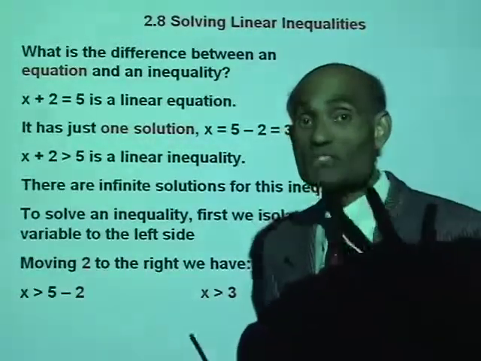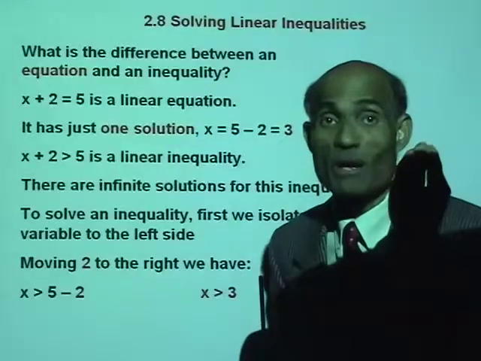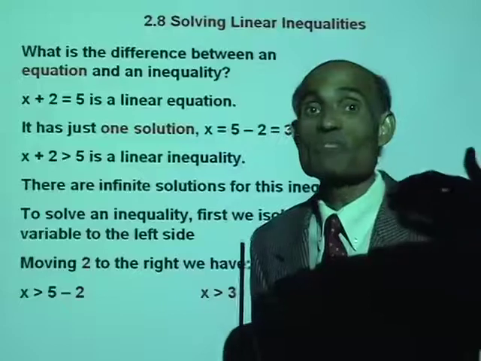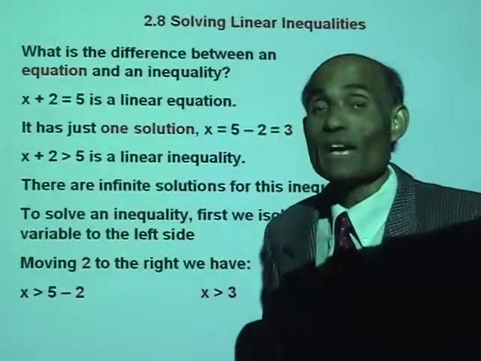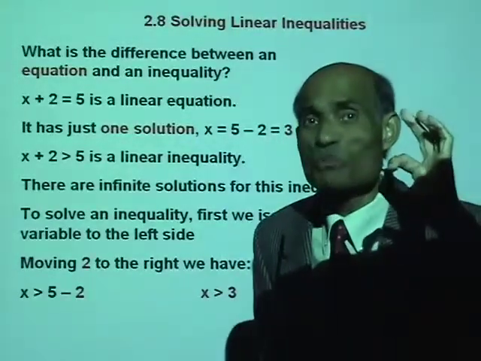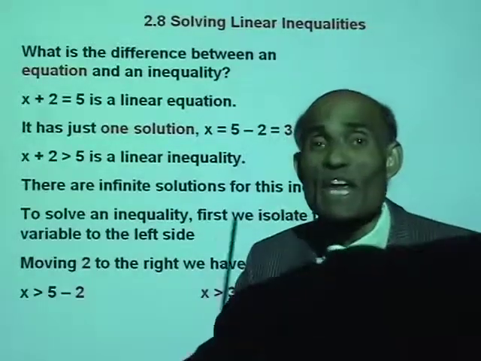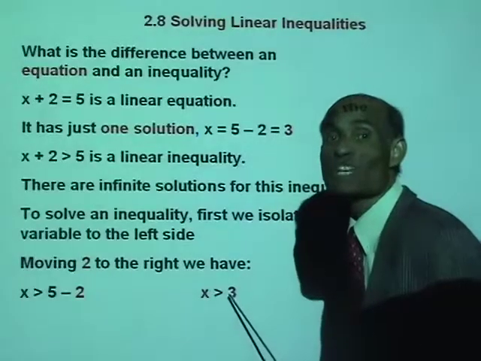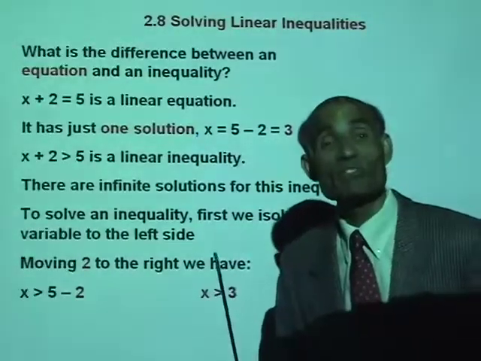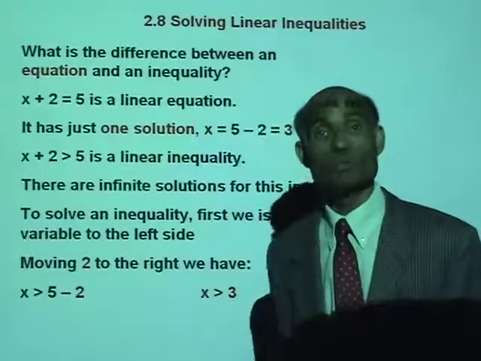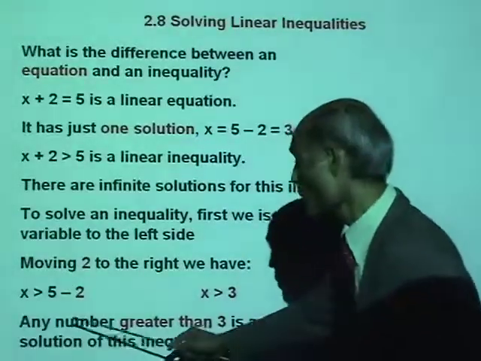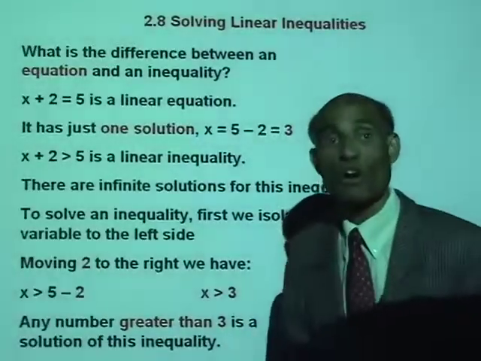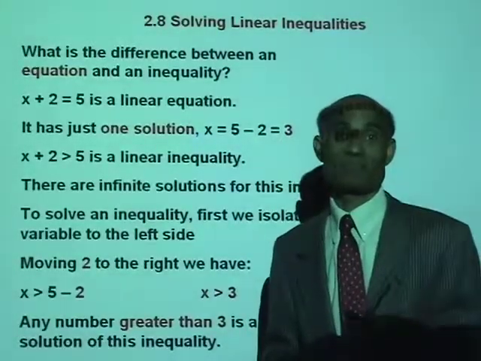For example, x can have a value 3.1, x can have a value 3.01, x can have a value 2000, x can have a value 100.6. There are infinite values of x that will make this inequality statement x greater than 3 true. So any number greater than 3 is a solution of this inequality.